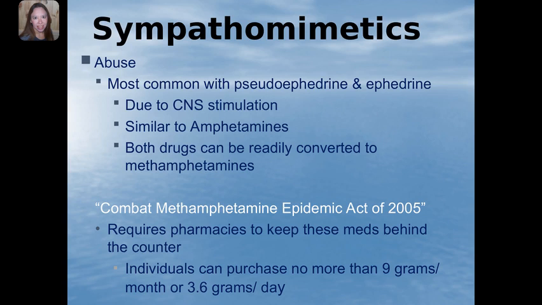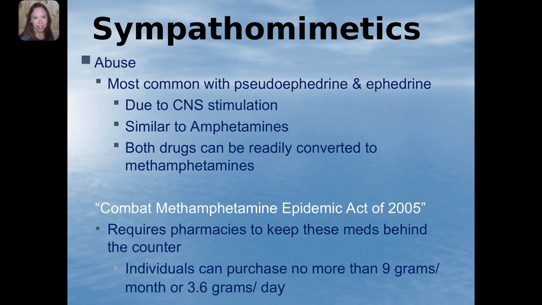Then it can lead to our patients where they may end up abusing the medication. More commonly, we're seeing abuse of these medications with pseudoephedrine or ephedrine. And again, it's due to that central nervous system stimulation. People are getting a high from the medications, and their euphoric feeling is very similar to using amphetamines.